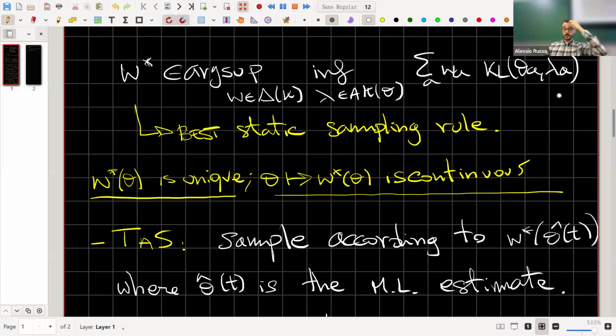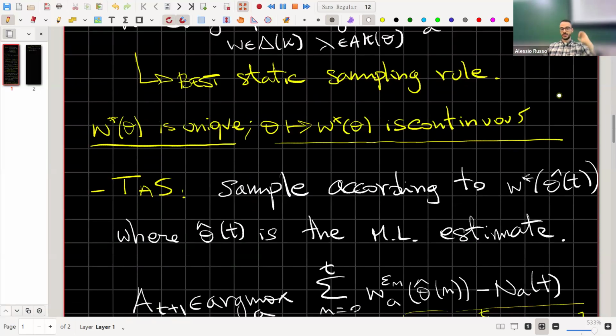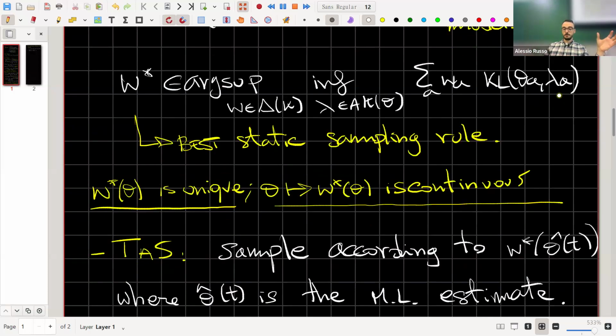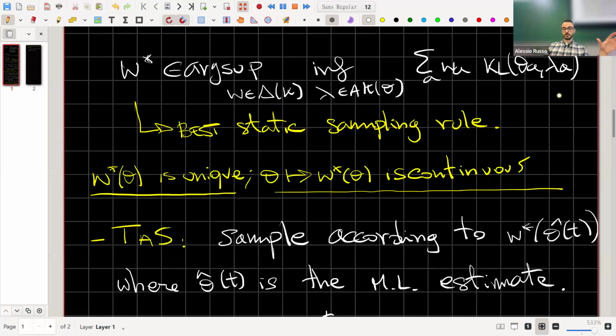And yesterday, in the second half, we introduced track and stop with C tracking. The idea is based on the lower bound. If W represents the best static sampling rule, so the best way we should sample the arms, then maybe we can just compute this W and then sample actions according to this W. There is a problem though.